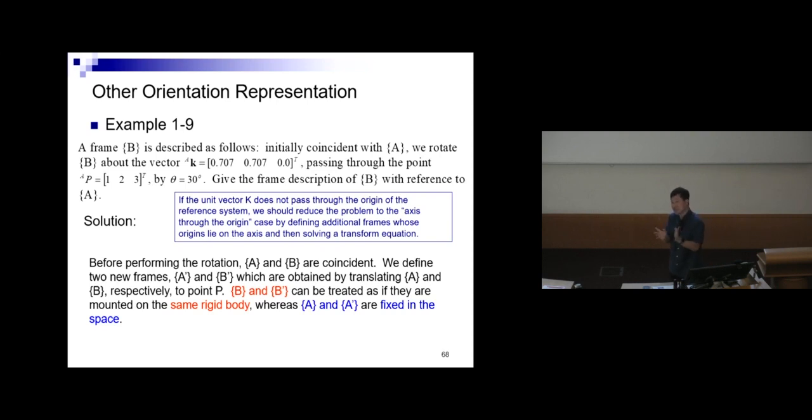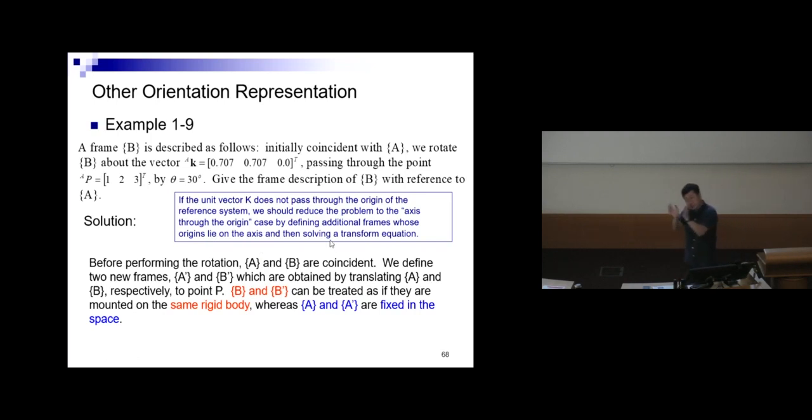Just now we mentioned that the axis of rotation should pass through the origin, but here we have a case where the axis of rotation doesn't pass through the origin. So how? You need to resolve it by reducing the problem to an axis through the origin. You need to define an additional frame with origin lying on the axis and then solve a transformation equation.